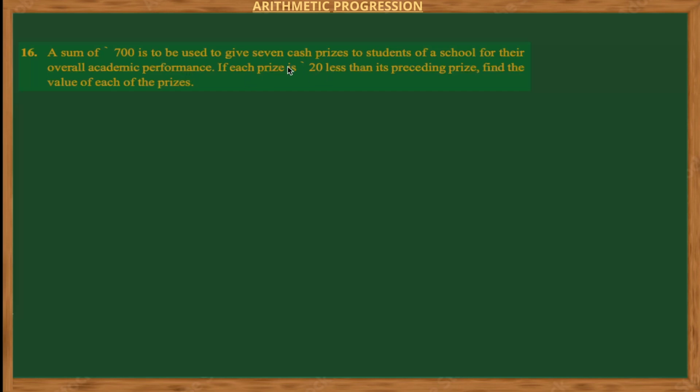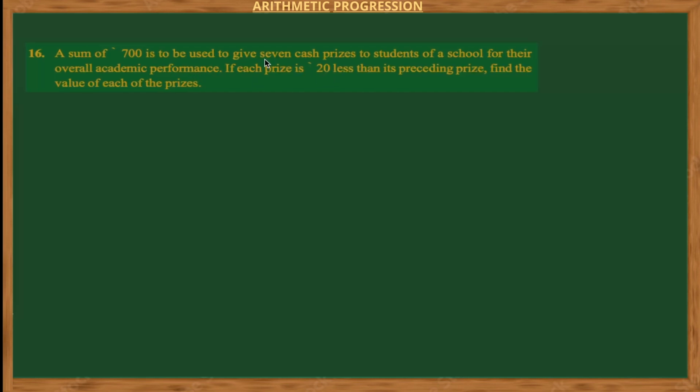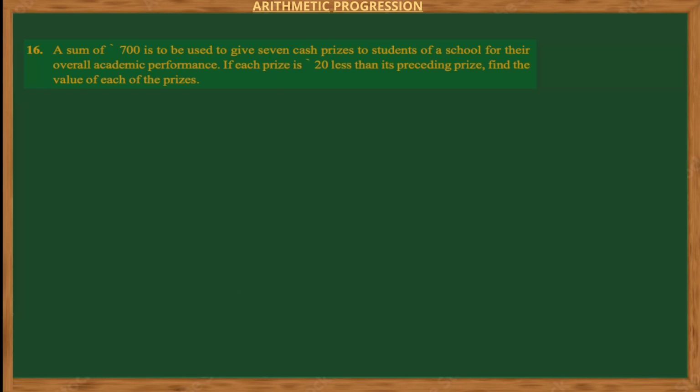So 7 students are there, which need to be distributed. So the total number of prizes is 7, and the total prize amount given is 700, in such a way that each prize is 20 rupees less than its preceding prize.